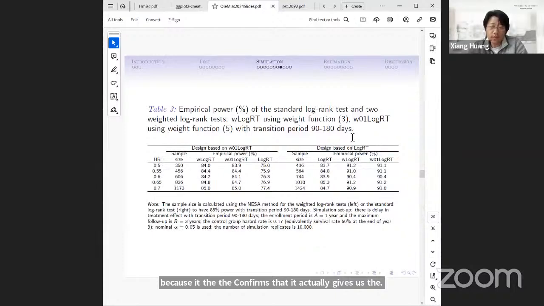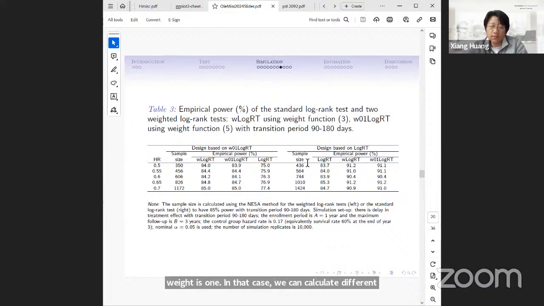But if we calculate the sample size not based on our proposed weight, but just based on the log-rank test, which means the weight is 1, we get a different sample size. We can compare these two.